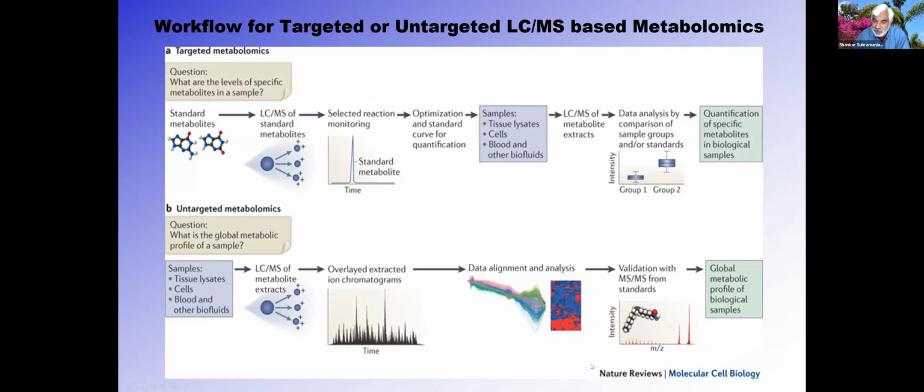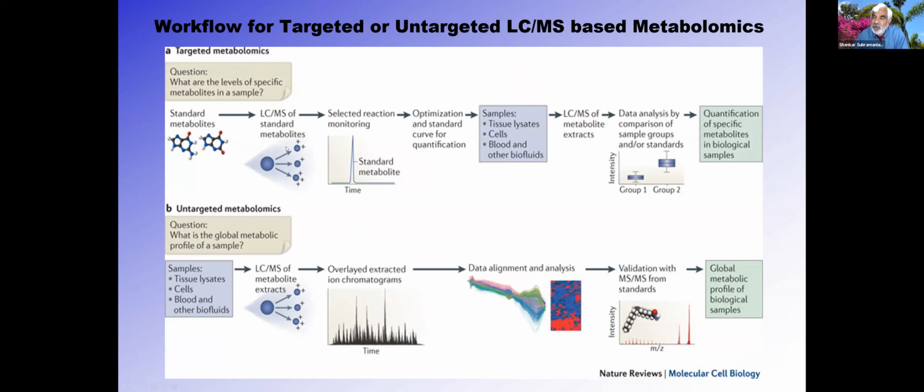The workflow, I'm taking this from Nature Reviews Molecular Cell Biology, normally has two ways of doing metabolomics or lipidomics experiments. One is called targeted metabolomics, where you have standard metabolites and you do LCMS of those standards.